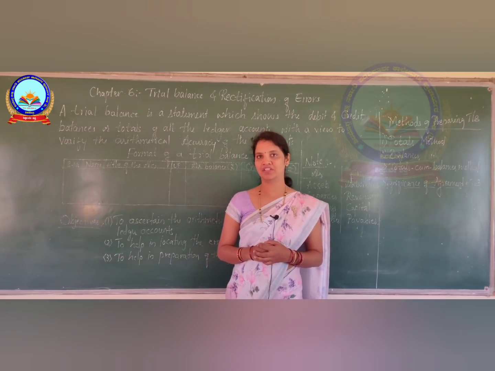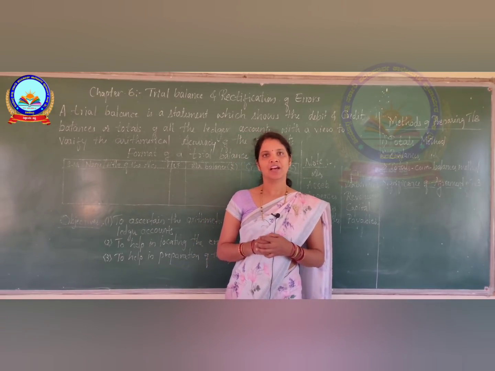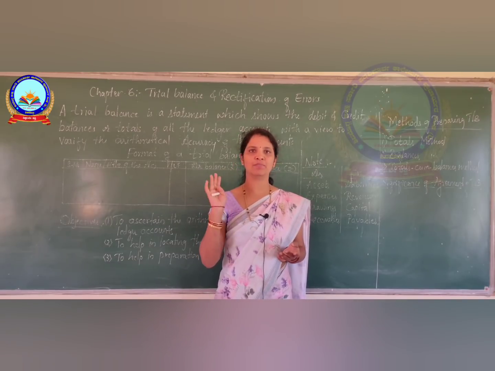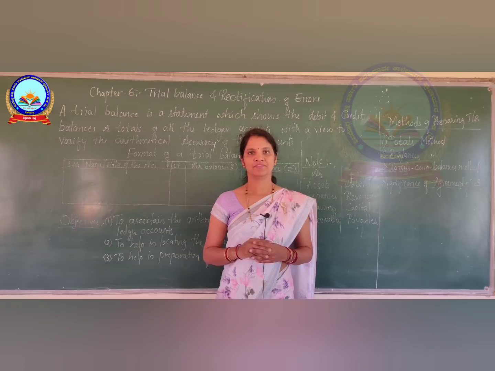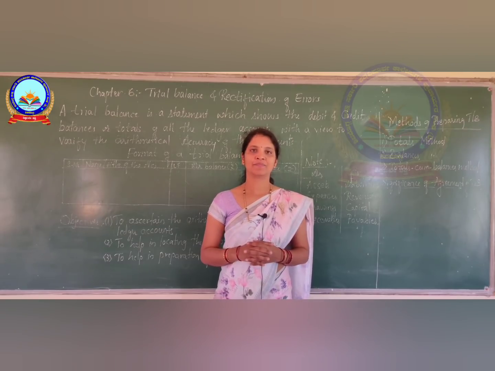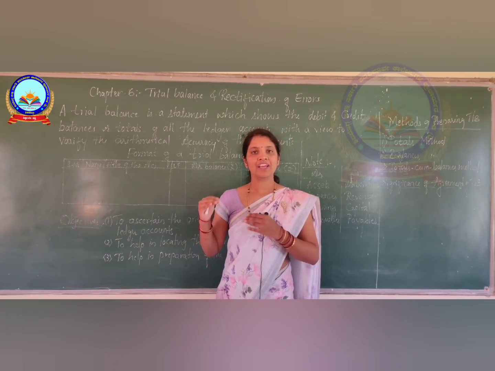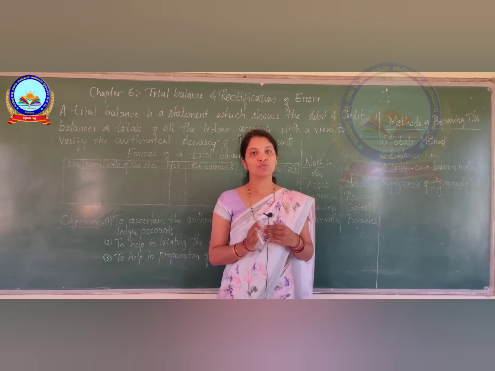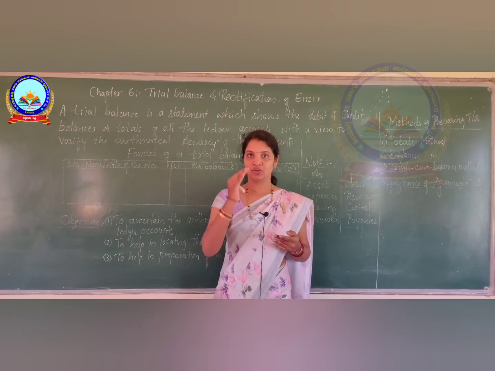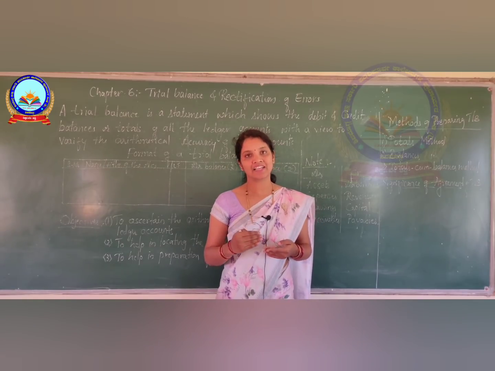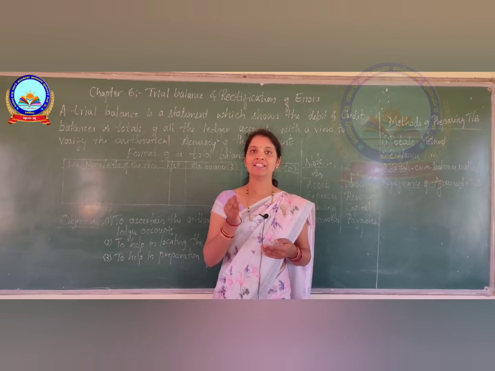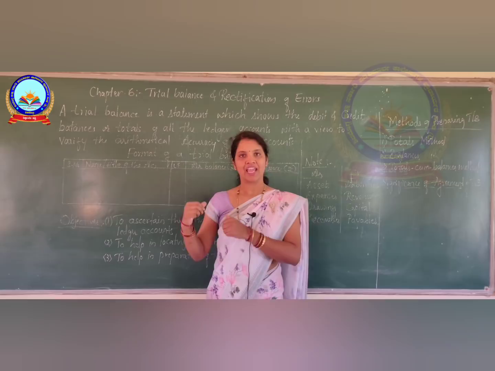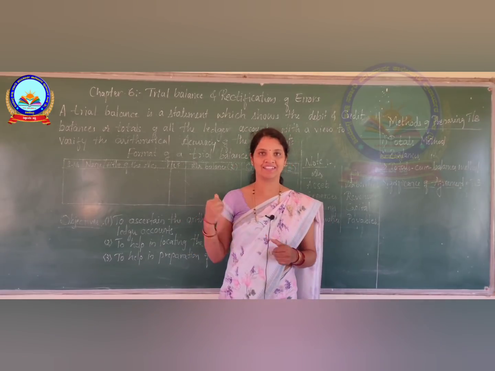What is arithmetical accuracy? Arithmetic includes only addition, subtraction, multiplication and division. Nothing more than this. So, here we are verifying the arithmetical accuracy of the accounts, meaning whether the total of the ledger accounts is correct or not, whether the balancing of the ledger account is correct or not, is verified in this trial balance.